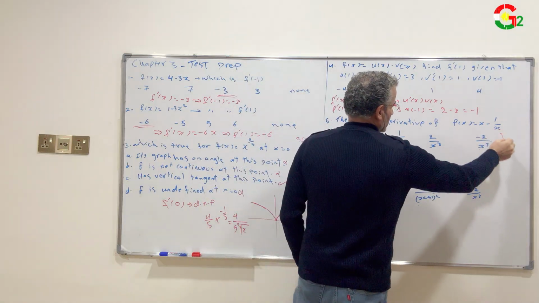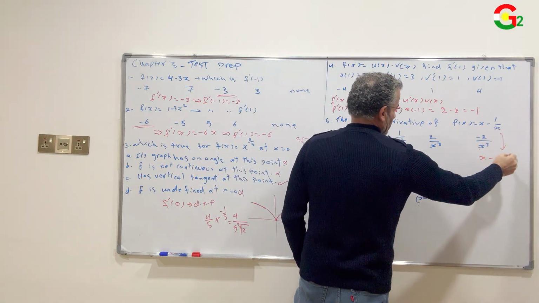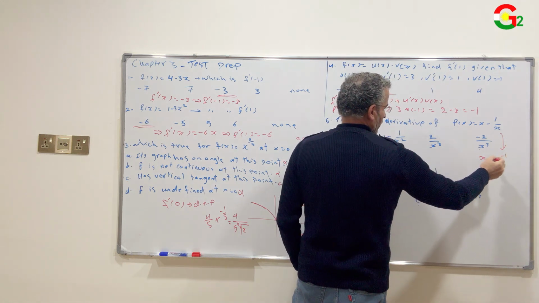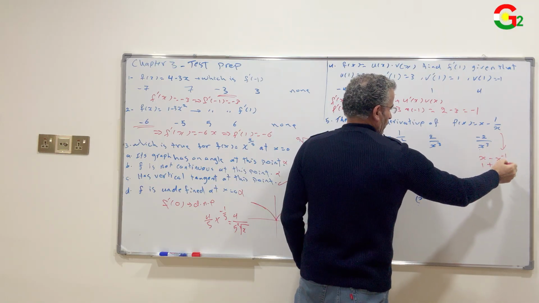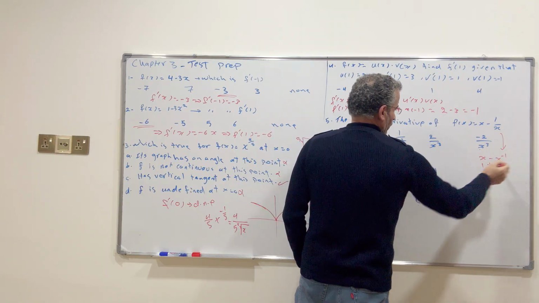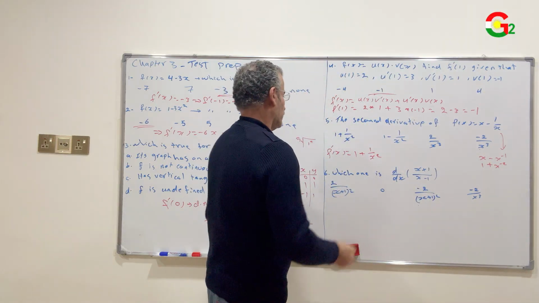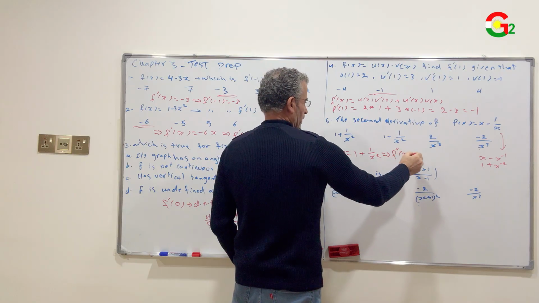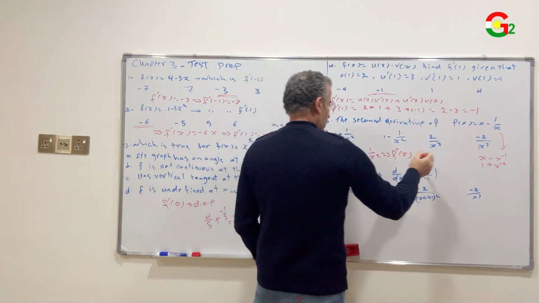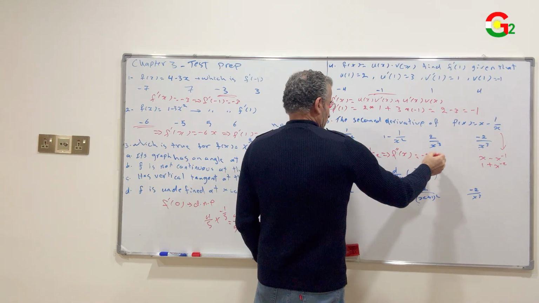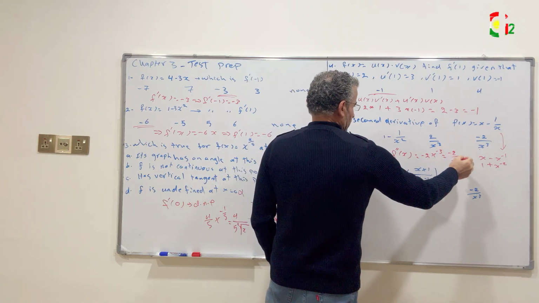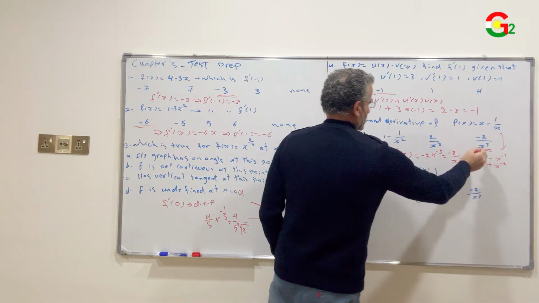Since this function is x minus x to the negative 1, then the first derivative is 1, negative 1 times negative x to the negative 1 minus 1, negative 2, equal to 1 plus 1 over x squared. This is the first derivative. The second derivative, f double prime of x, equals negative 2x to the negative 3, equal to negative 2 over x to the power 3. Choice B.